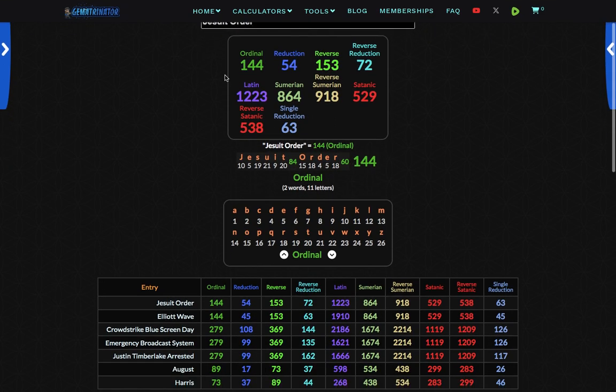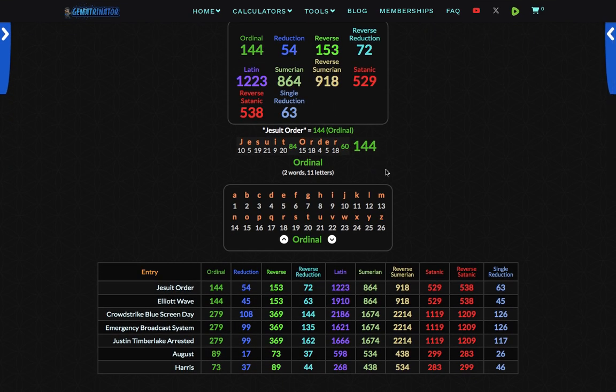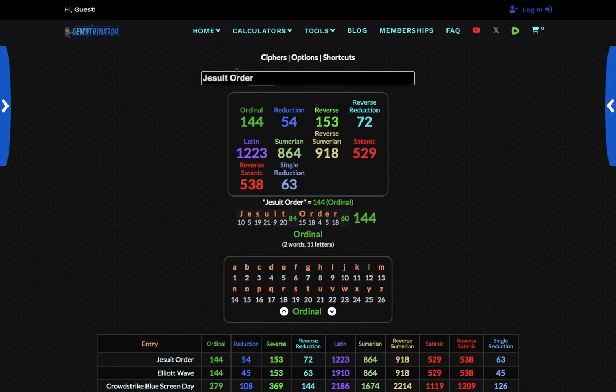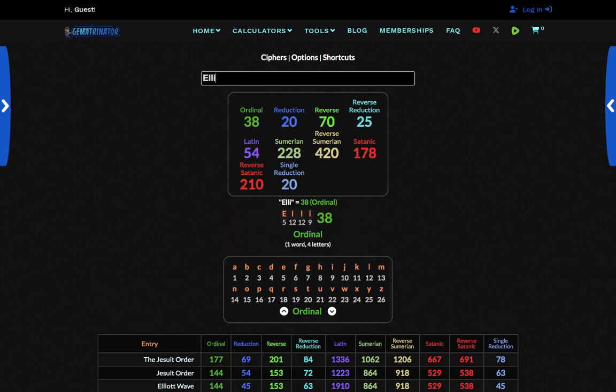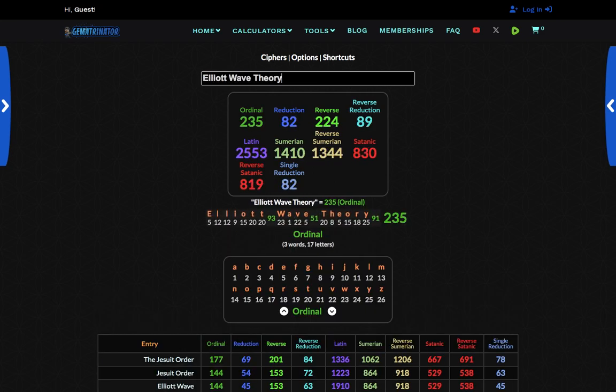Don't talk about gematria, talk about Elliott Wave. Look at this. Don't talk about gematria, talk about Elliott Wave. Okay, the Elliott Wave, that's a 1, 2, 3, 4, 5, 6 cipher match with Jesuit order, or this Elliott Wave. Which one?